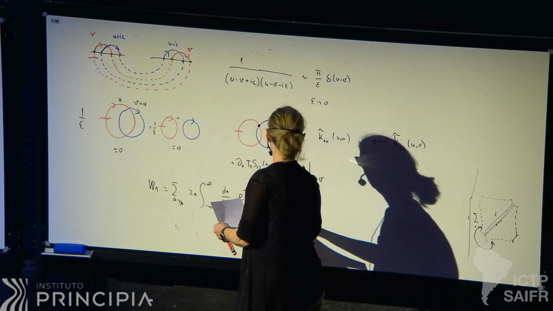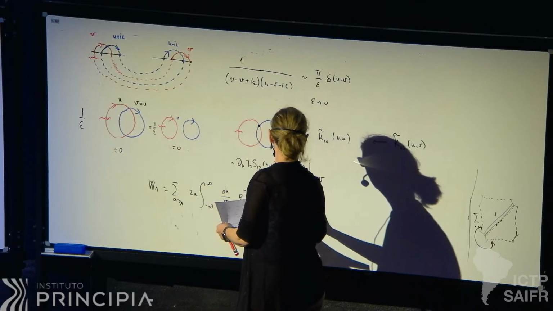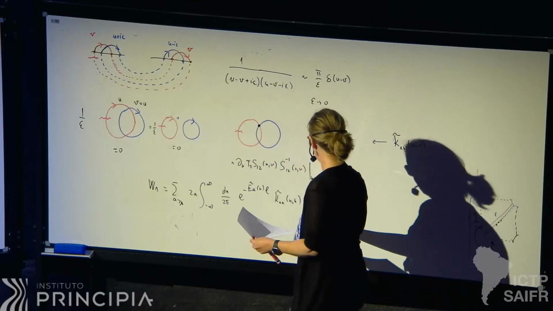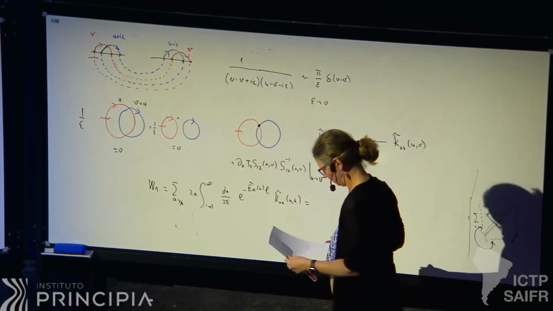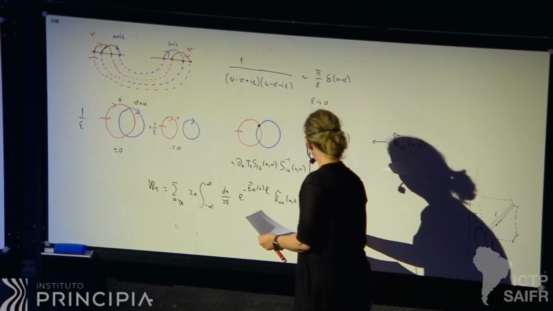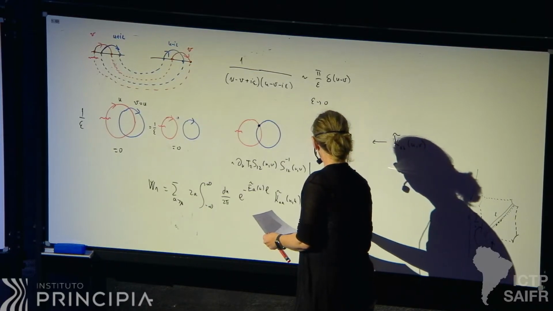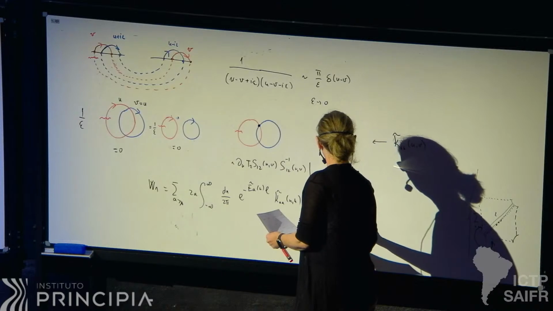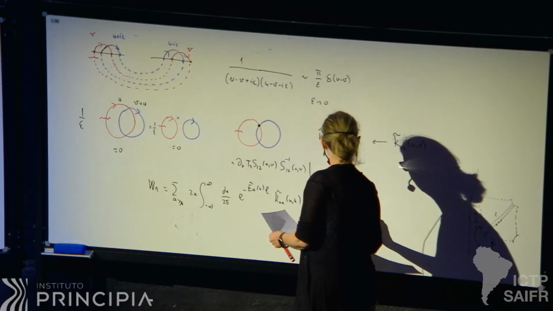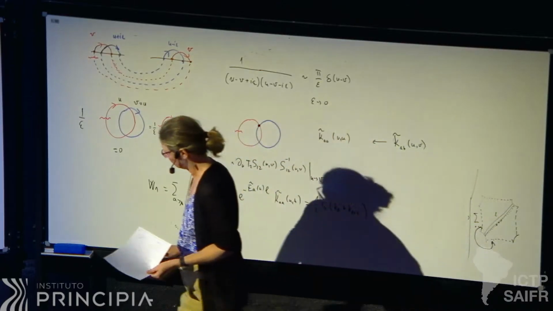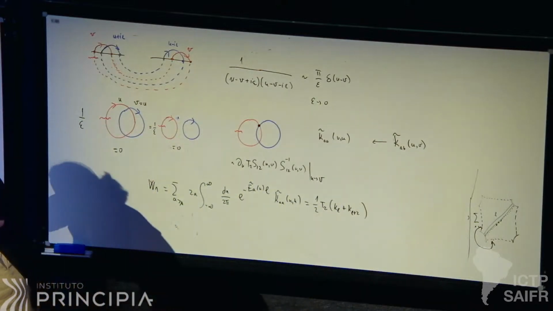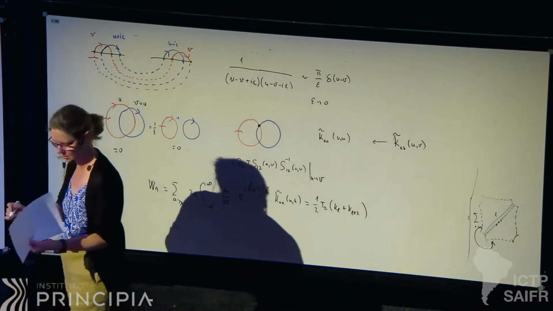So this KA tilde of UU. And if we compute this directly, this gives 1/2 of trace of KL plus 2, which is in fact the beginning of this expansion here in terms linear in K.